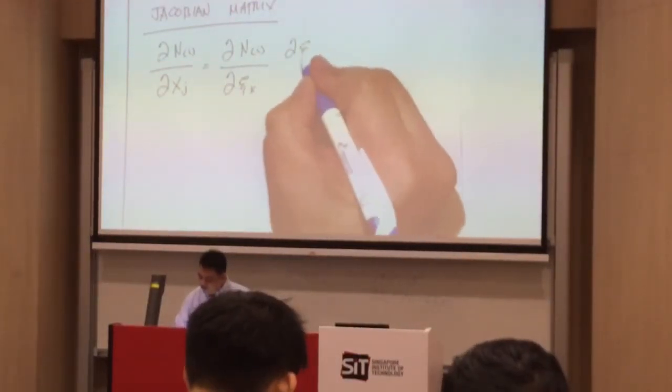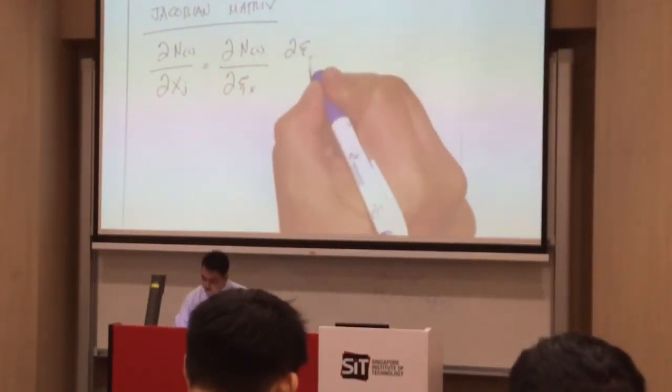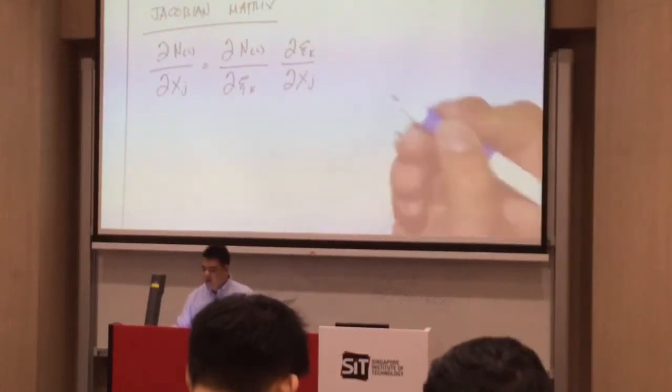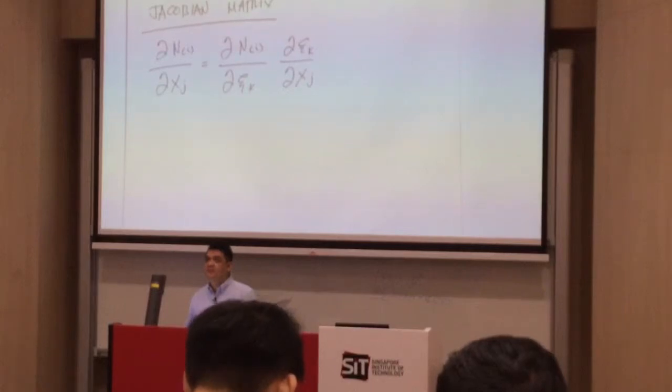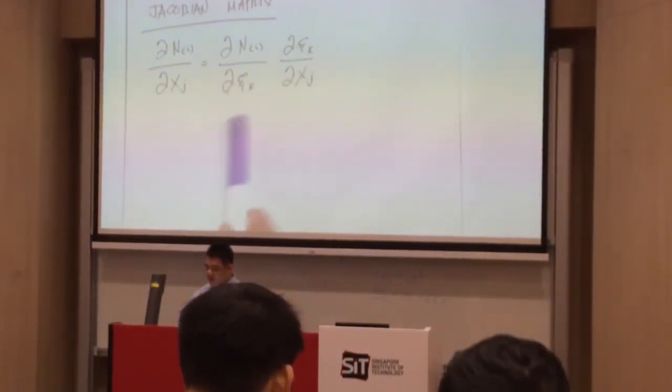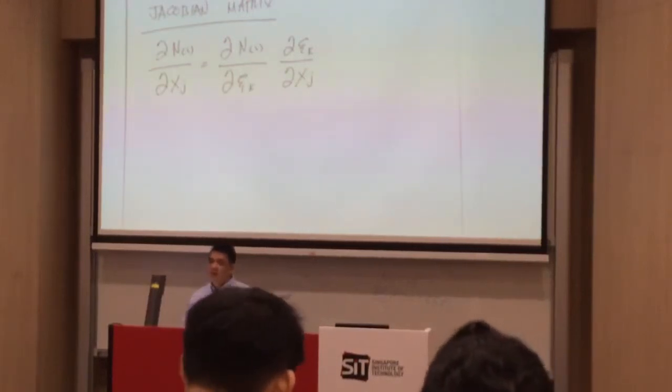And then you have your partial of ck with respect to xj. Chain rule, yes? So you just add this one here, it's the same.